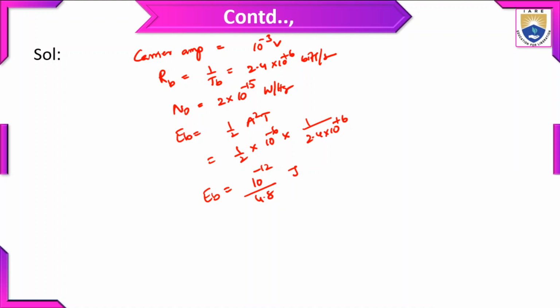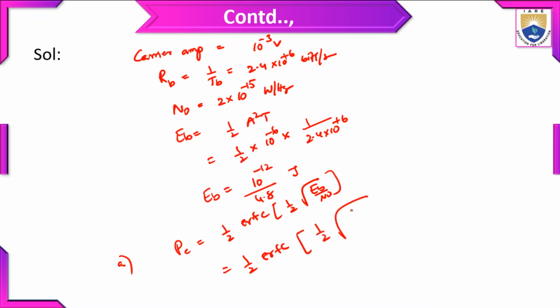Okay. So now the first part is coherent. Why? Because they have given it in two ways. So computation of probability of error, the first one is the coherent ASK form. So that is P_e is equal to 1 by 2 erfc of 1 by 2 square root of E_b by N0. Okay. So 1 by 2 erfc of 1 by 2 square root of E_b, 10 cube divided by this 9.6.